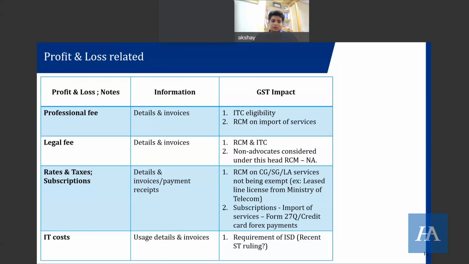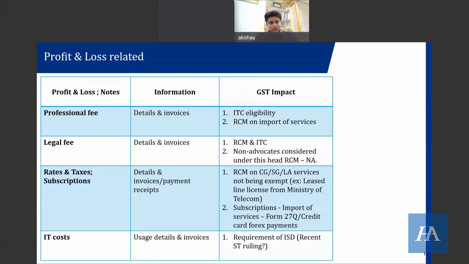So verifying Notification 12/2017, reading the definitions in the CGST Act, and identifying whether the service is exempt or not is very, very important. And if not, then there could be an RCM liability which has been missed. Subscriptions, again, are similar to professional fees, and may have an import of service implication.